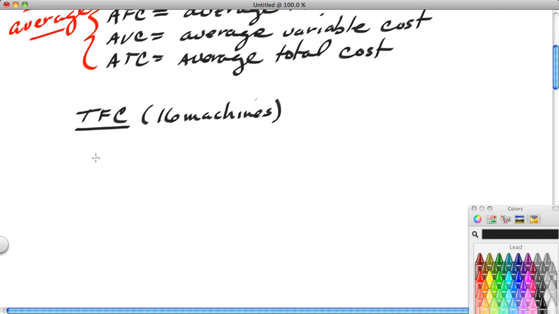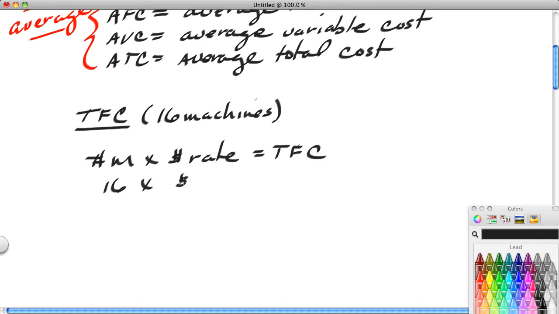So if you take the number of machines and multiply it by the dollar rate paid to use those machines, you're going to get the total fixed cost of using those machines. Remember, the number of machines does not vary in the short run. So 16 machines times a dollar rate of $24 that was given to us is going to give us a total fixed cost of $384.